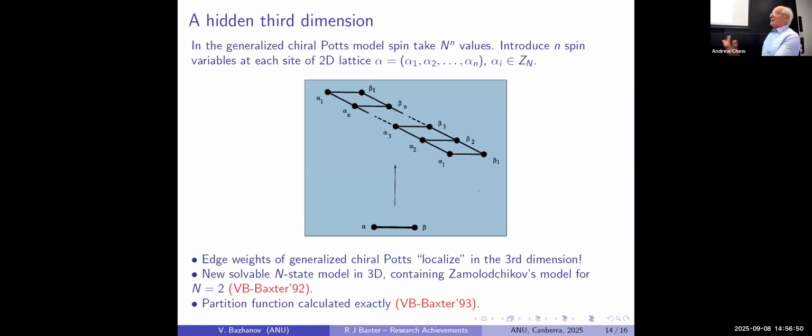And the property of the interaction is that it localizes and gives you a local structure in the third dimension. After that, we published the paper and later calculated the partition function exactly, as in the previous case.